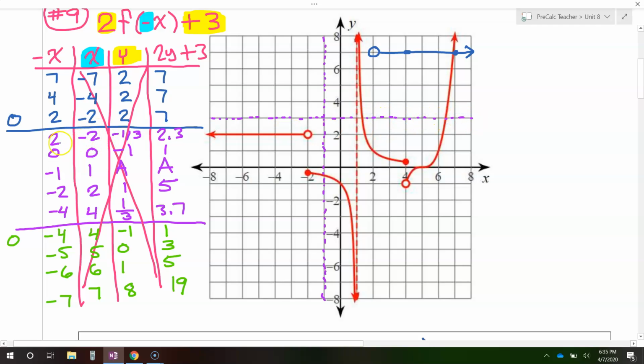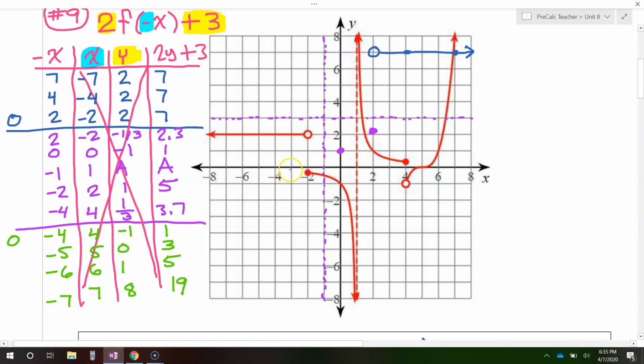Okay, now back to business. So we have 2 comma 2.3. Okay, so 2.3 is going to be right about here. 0 comma 1 is going to be right here.